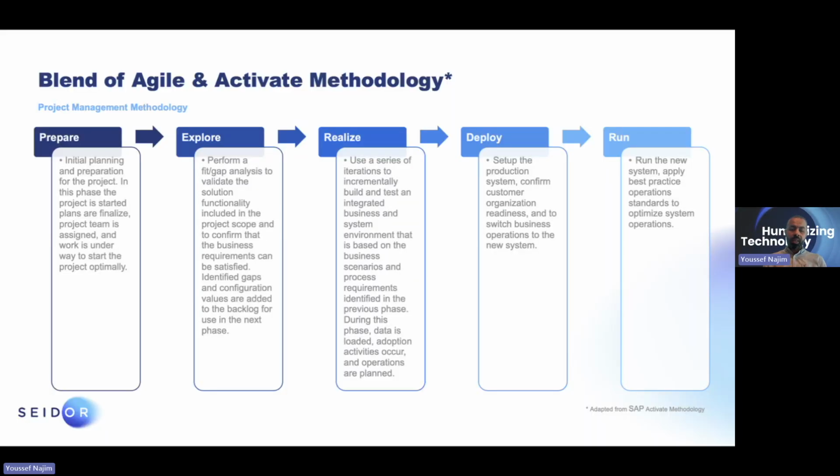And in this, we adopt an Activate methodology, and we add a blend of agile. To run you through the Activate methodology very quickly, there are 5 elements to it, where you start with the prepare, where we initially sit down with the customer, we decide on the project committee, steering committee, project team, project sponsor, and so on.